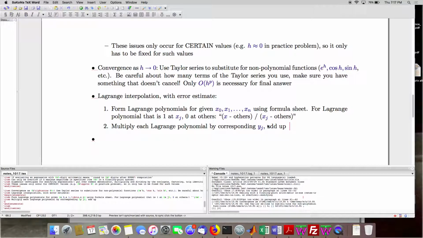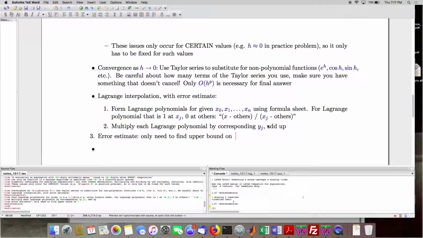And then for the last part of the problem, error estimates, it's different from the first problem. It's a little easier. You only need to find an upper bound on the derivative.